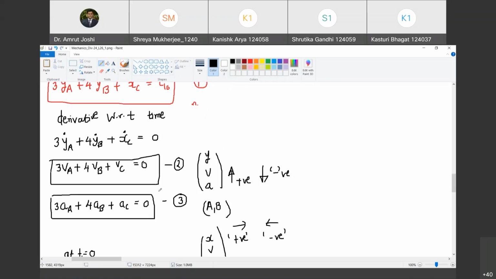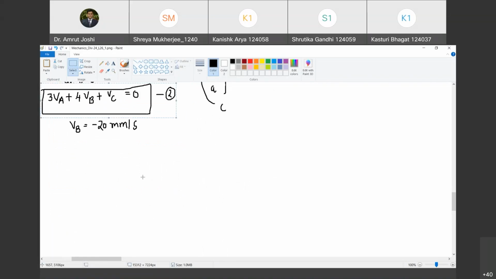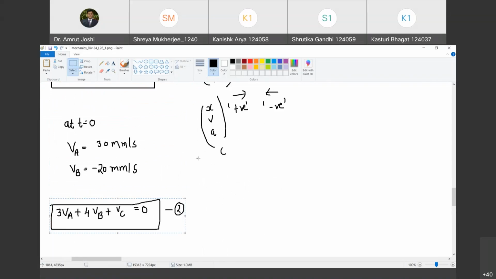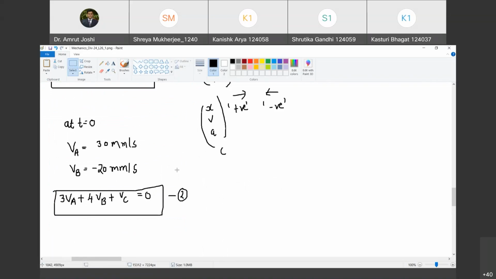Yes, sir. Now, what is the equation that we are going to use to get velocity of block C at time t equal to 0? These equations are valid at all instances of time. Yes, sir. Therefore, we are going to consider the second equation. So, what is the second equation? 3VA plus 4VB plus VC equal to 0. This is the equation that we are going to use. Are you with me? Yes, sir.